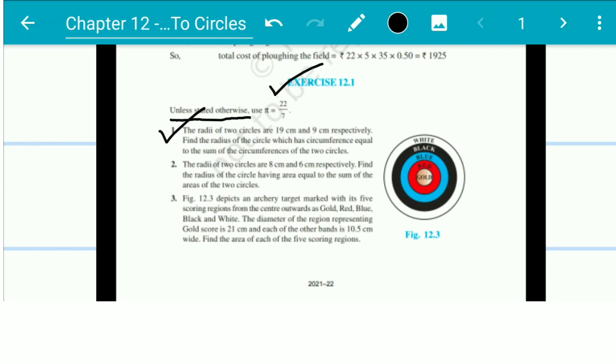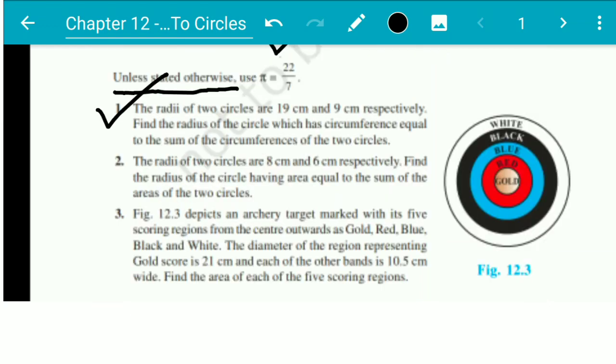The radii of two circles are 19 centimeter and 9 centimeter respectively. Find the radius of the circle which has circumference equal to the sum of the circumferences of the two circles. That means, in the question they have given us two small circles. The radii of the two circles are 19 centimeter and 9 centimeter.